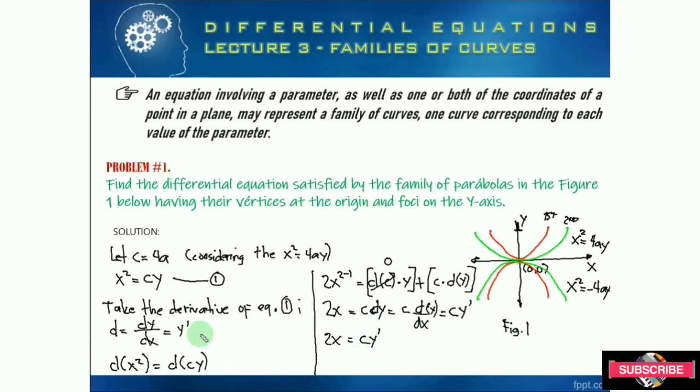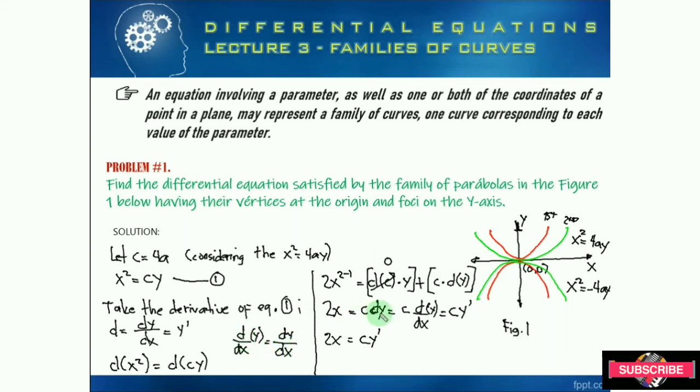For the information of everybody, this form can also be written as d over dx of y is simply equal now to dy over dx. So to address some ambiguity or confusion, the derivative of y with respect to x is simply equal to this form, dy over dx.